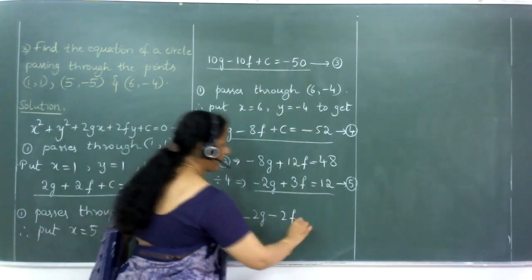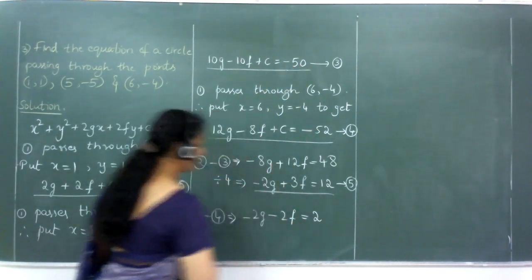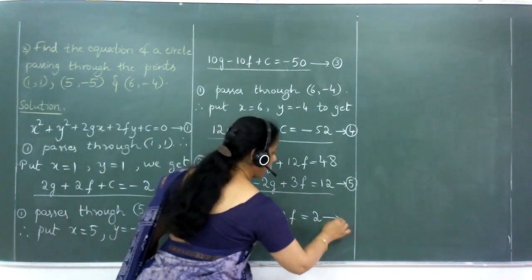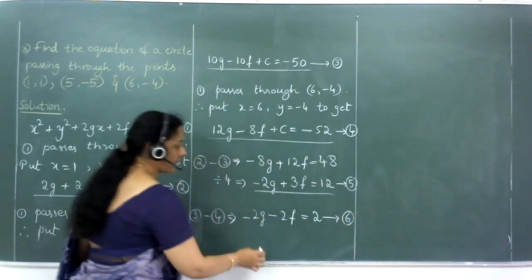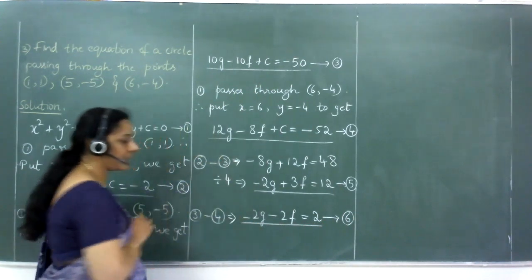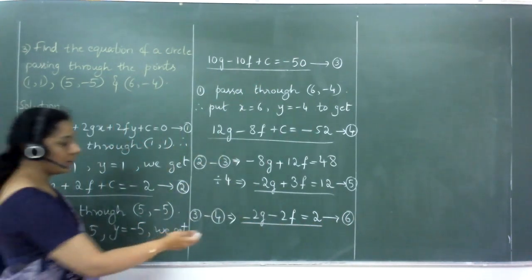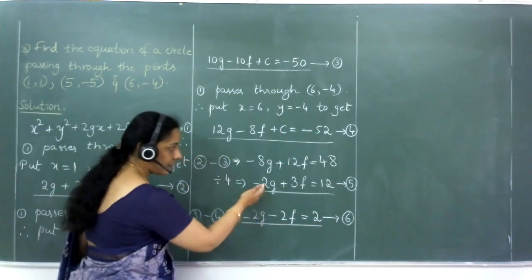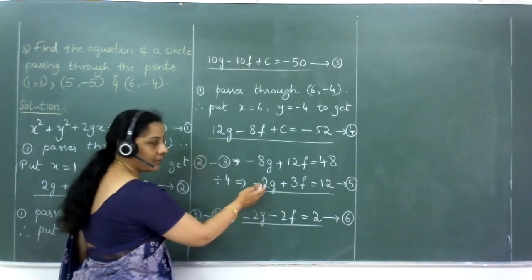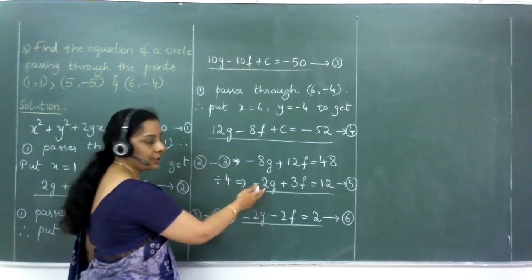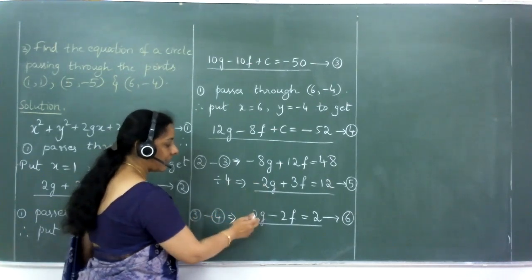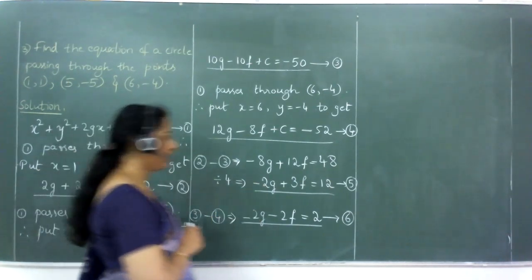Minus 50 plus 52 will be plus 2. Though I have 2 as a common factor, I prefer it as it is in this equation. Why is it? Because we observe equation 5 also has got the same coefficient for g, isn't it? So we will retain this minus 2g as it is.